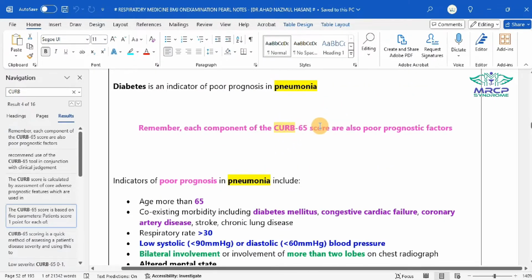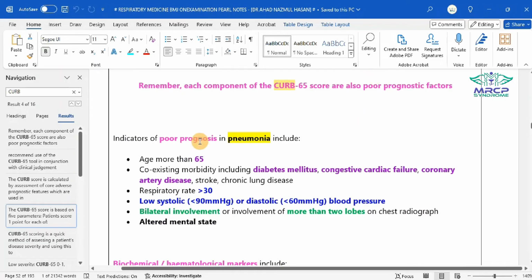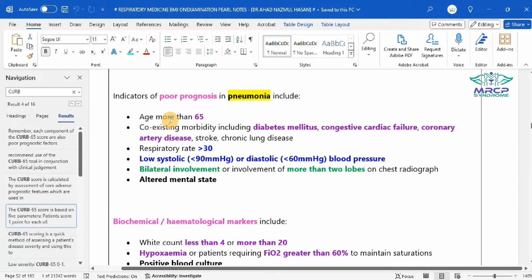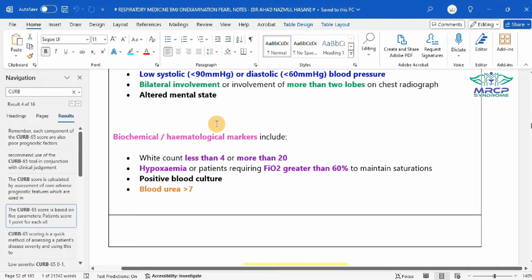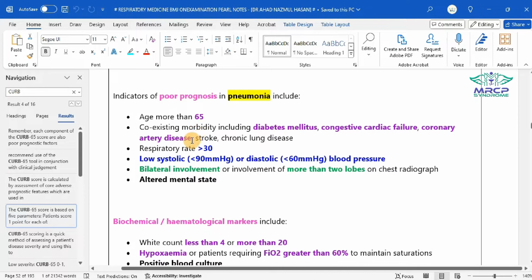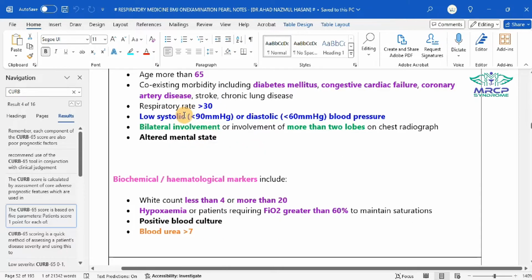All the points of the CURB-65 score carry poor prognostic features, like age greater than 65, coexisting morbidity including diabetes mellitus, congestive cardiac failure, coronary artery disease, stroke, chronic lung disease, respiratory rate greater than 30, then either low SBP or low DBP, bilateral involvement or involvement of more than 2 lobes on the chest radiograph, or altered mental status.